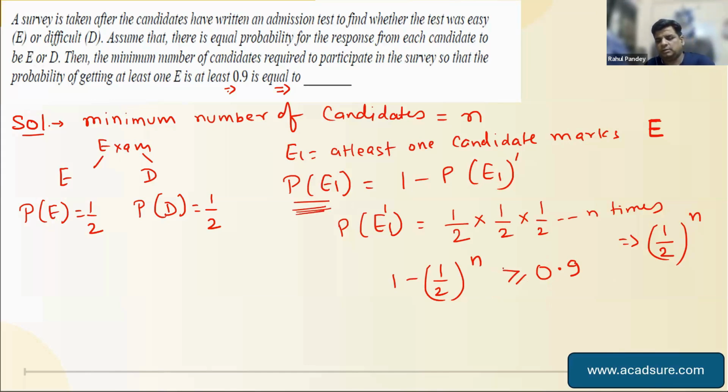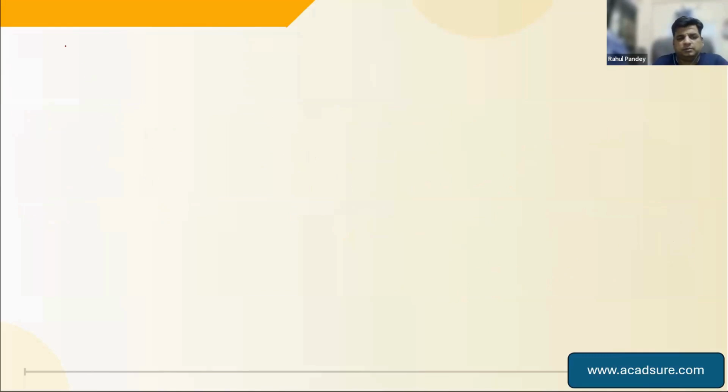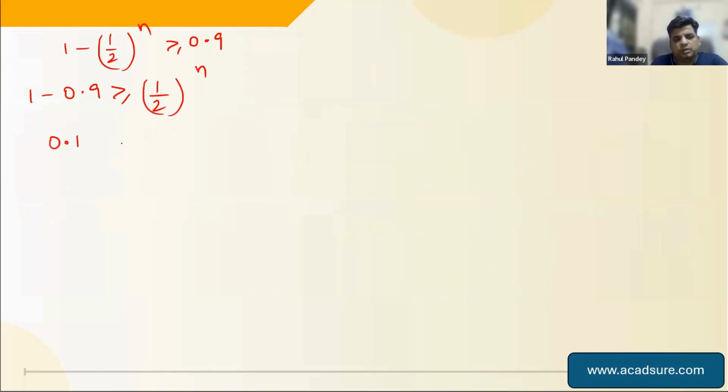So let's solve this. 1 minus half power n is more than or equal to 0.9, or 1 minus 0.9 is more than or equal to 1 by 2 power n, which is 0.1 more than or equal to 0.5 power n.